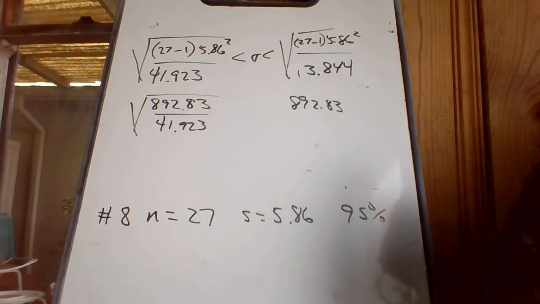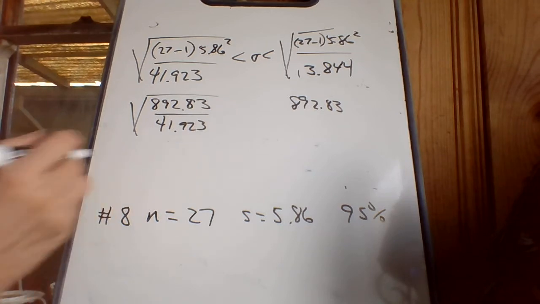All right. 892.83 divided by 41.923 is 21 point something.